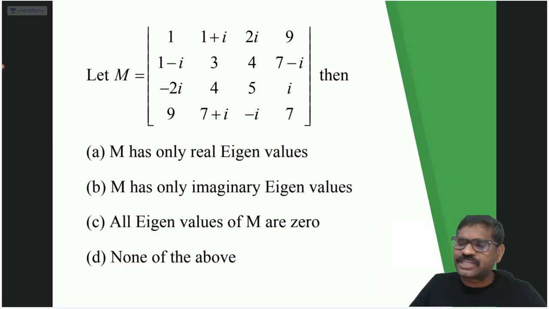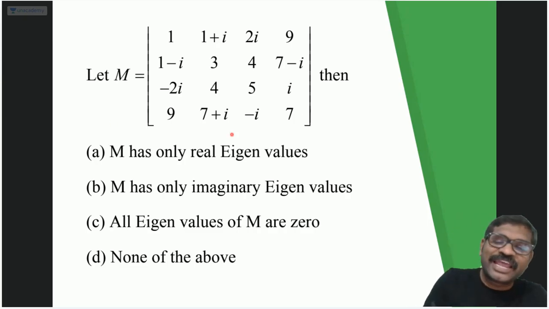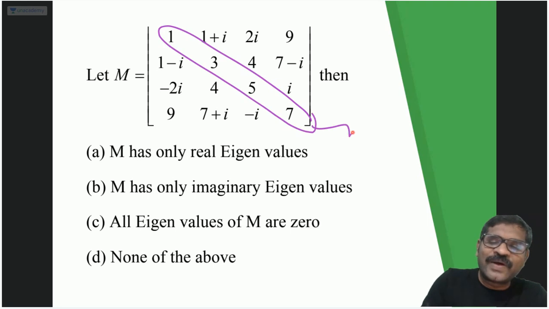Observe. Next problem. Let M be the 4 cross 4 matrix. Then M has only real eigenvalues, or M has imaginary eigenvalues, or all eigenvalues of M are 0, or none of them. Look at the entries of the principal diagonal. All principal diagonal elements are real.